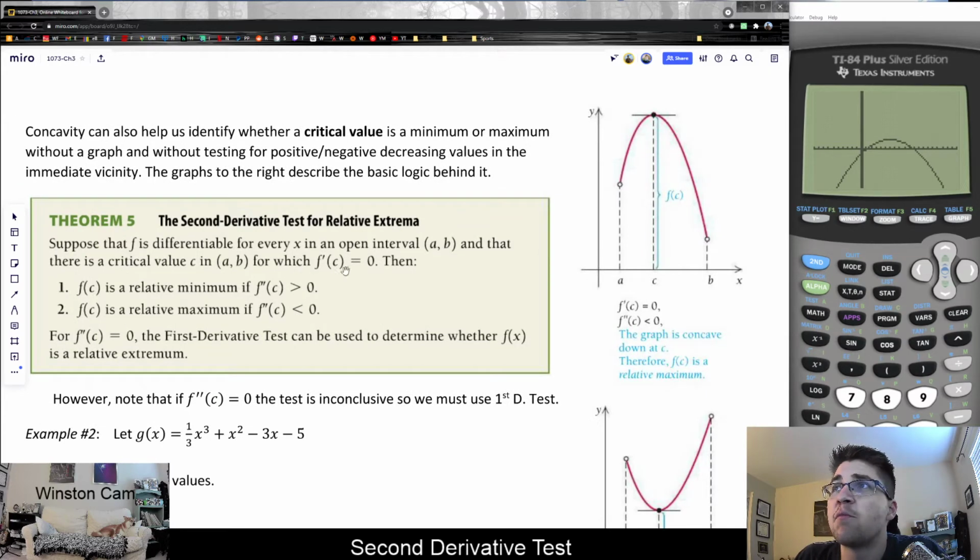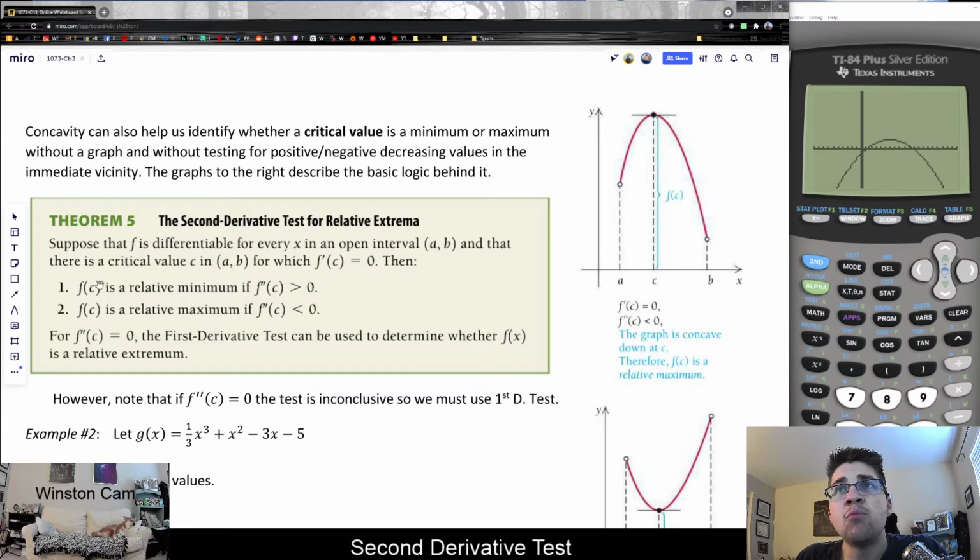And it says for which f prime of c is equal to 0. So remember that a critical value is either going to occur when a derivative is 0 or when it's undefined. So we're just looking at the first case, the more common case, when it's connected to a horizontal tangent line, slope of 0 of the curve.